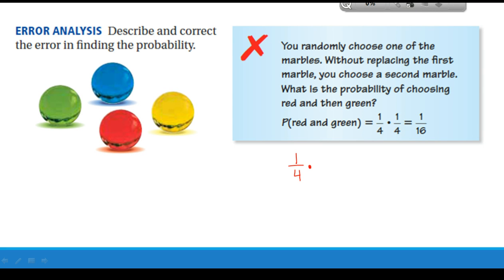But remember, I'm going to not replace it, so that makes this a dependent event, which means that our sample space is going to change. Now I've taken the red marble out, so how many marbles are left to choose from? 3, and how many of them are green? 1. So this would be 1/12.